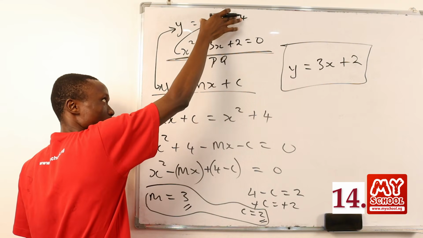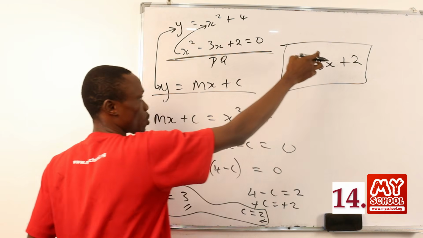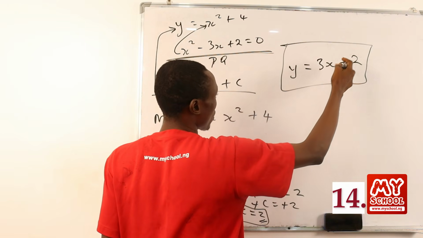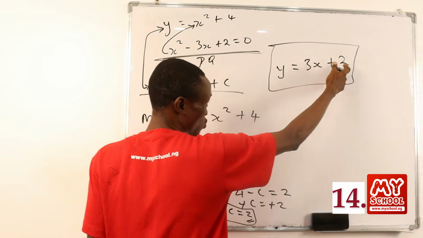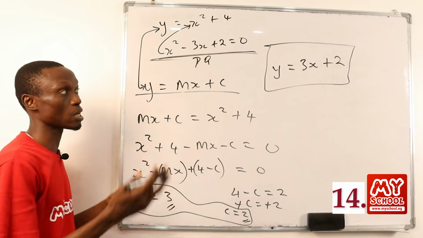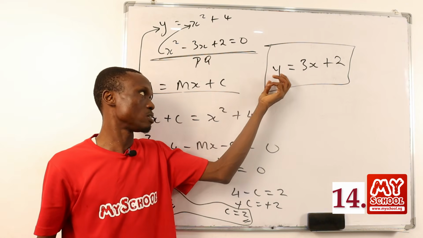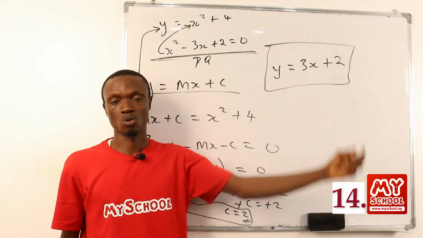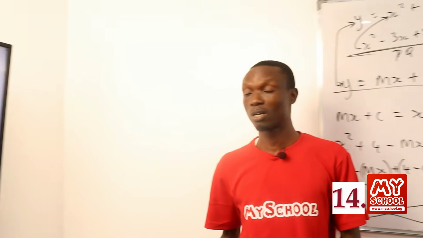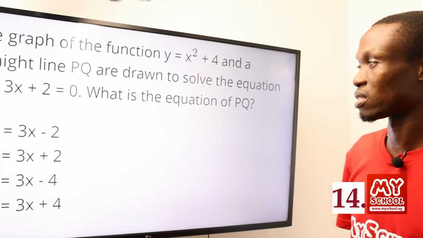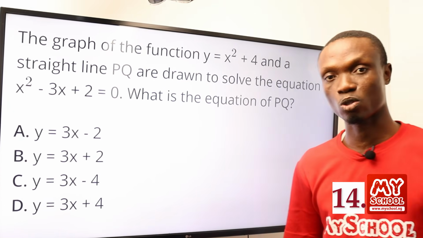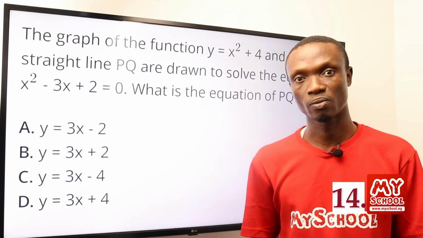Okay, equate this and this together. You also have 3x. At the end of the day, we are going to be having 3x plus 2 as your final answer. So you can use any method that you find convenient. Okay, so y is equals to 3x plus 2. So let's return back to the screen to pick the correct option for this question, and that is option B. y is equals to 3x plus 2.